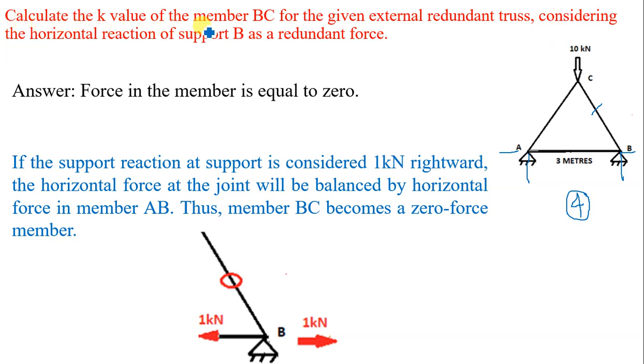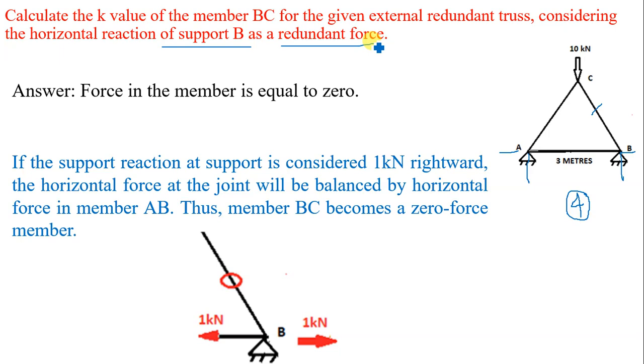So again I will read the statement. Calculate the K value of the member BC for the given externally redundant truss considering the horizontal reaction of support B as redundant force. We are studying analysis of indeterminate trusses.